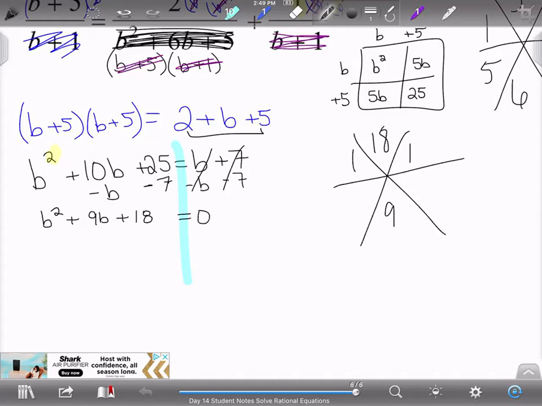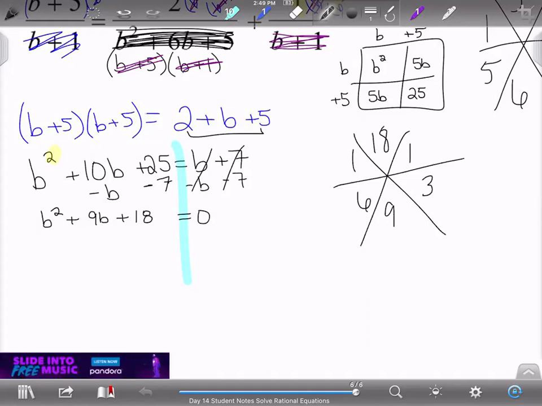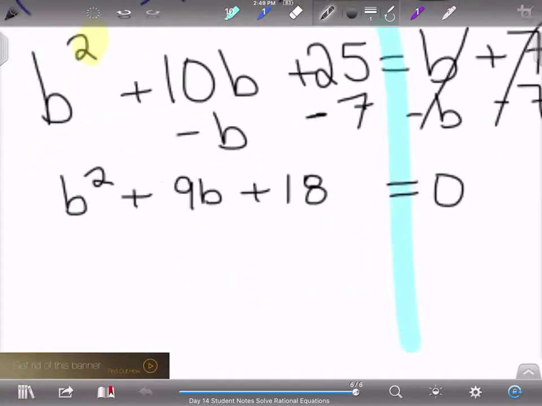So those two numbers should be 6 and 3, 3 and 6, order doesn't matter. And they're both positive this time. So now I'm going to have factors b plus 6 and b plus 3.